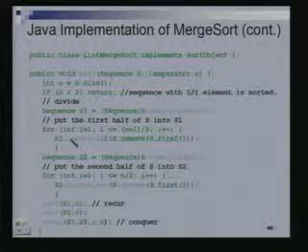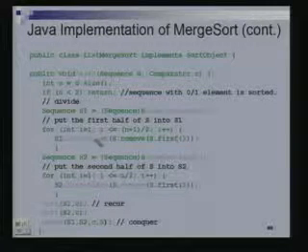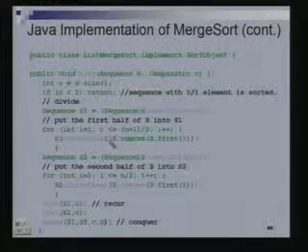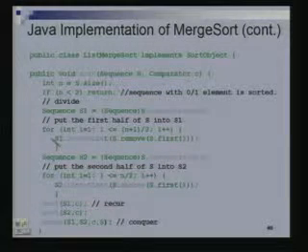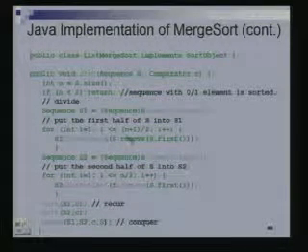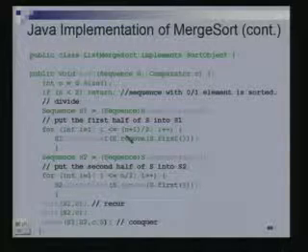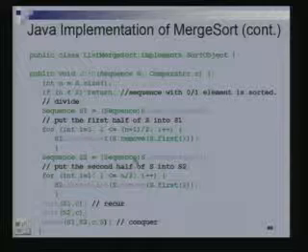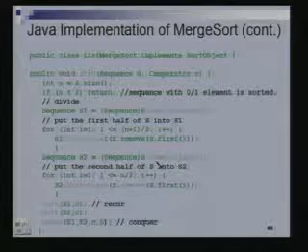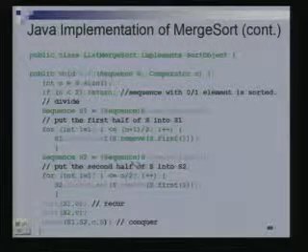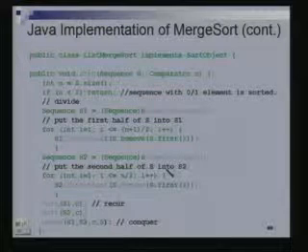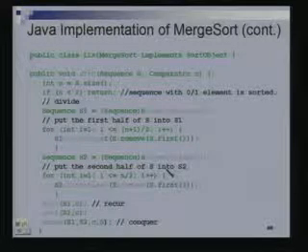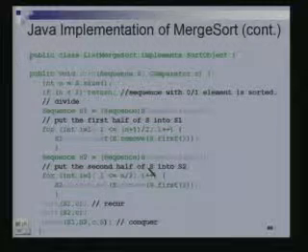Let us say we have an operation called insert last, which will insert an element into the sequence S1. This is a method on the sequence data type. Similarly, we create a new sequence called S2, and we put the second half of S into S2.